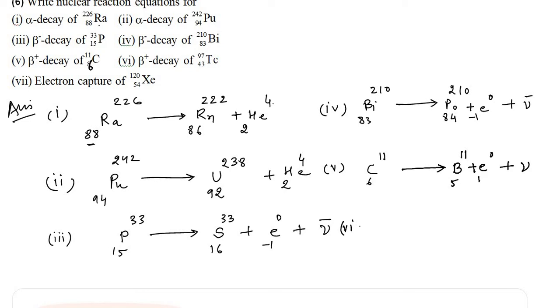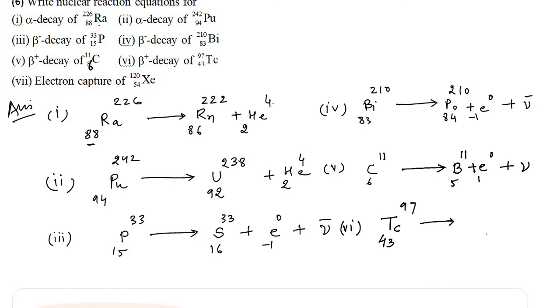Reaction number 6. In the sixth reaction, beta plus decay from technetium, Tc, atomic number 43, atomic mass 97.